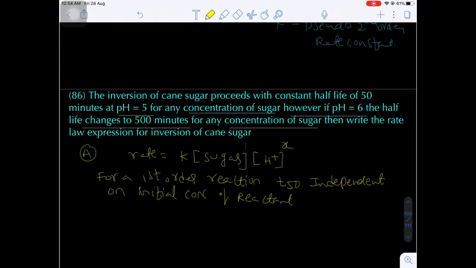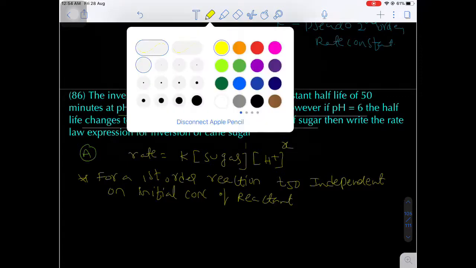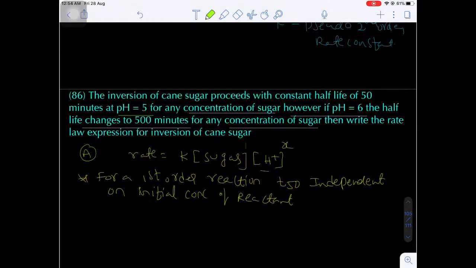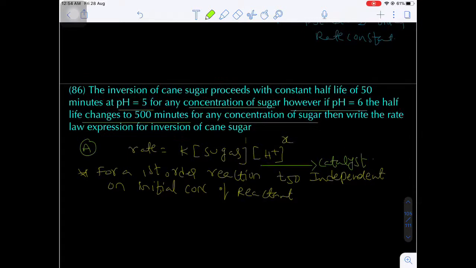That is clearly mentioned in the question. That's why with respect to sugar I am taking the order as 1. Okay. Now what is H plus here? H plus is a catalyst. Just now I told you the concentration of a catalyst will be constant.